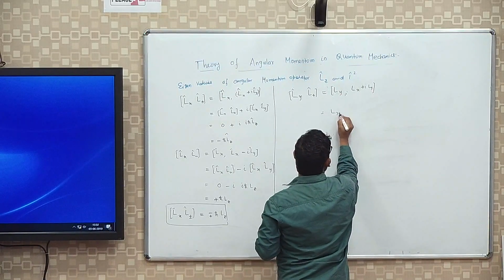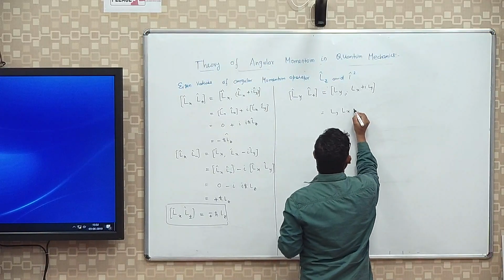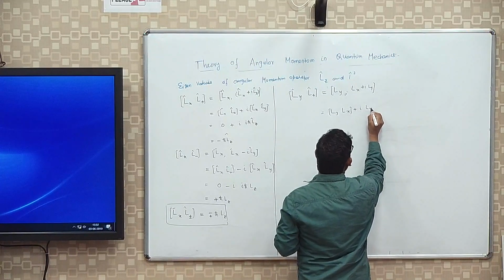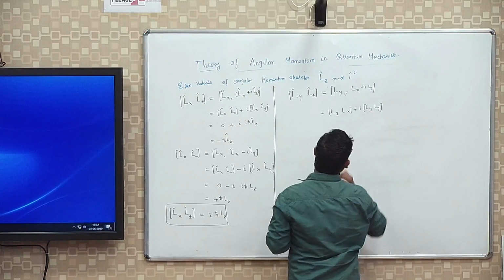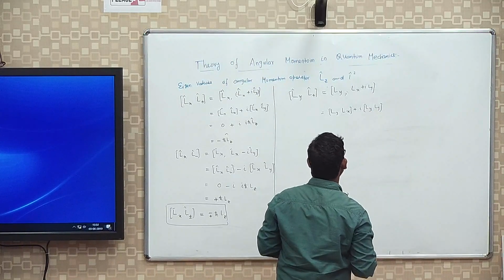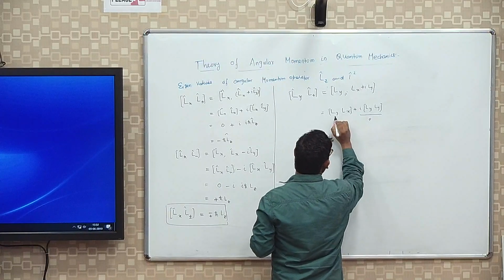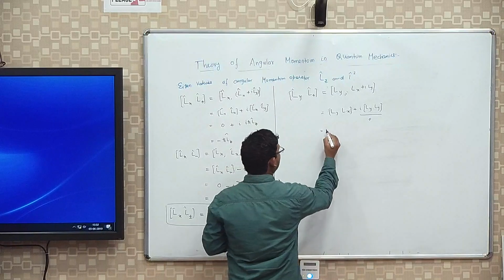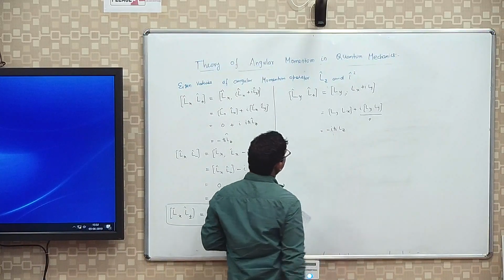Then Ly Lx plus i Ly Ly. Here self commutation is coming, so this will become 0. Here Ly Lx is a non-cyclic commutation, so it gives minus i h cross Lz.